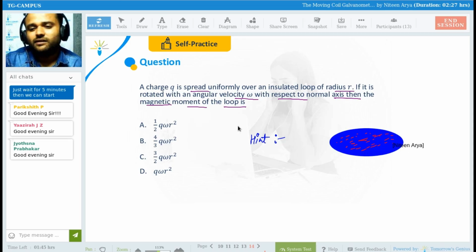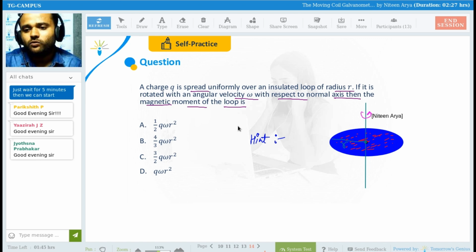This loop has a radius r. If it is rotated with an angular velocity omega, now find the magnetic moment.